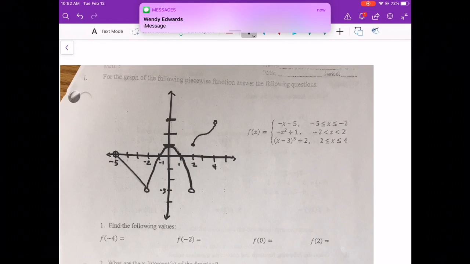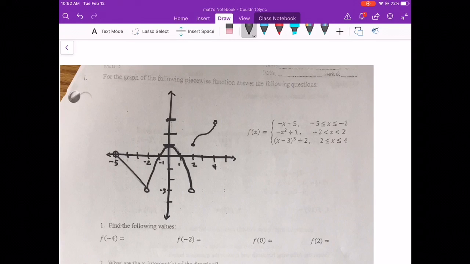Notice that it's 2 less than or equal to x and then less than or equal to 4. So this actually should be a closed circle right here to make sure we stay consistent with what we're telling you. And you can see the 3 different parts of the graph according to the 3 different parts of the domain.